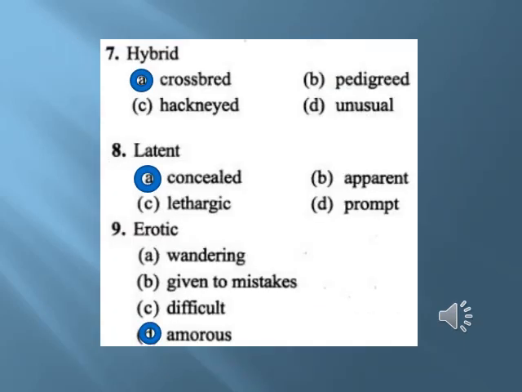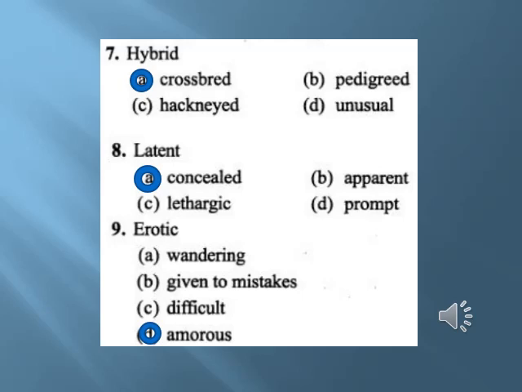Hybrid. Here the answer is crossbred. A pedigree, that's a purebred. Hackneyed, very plain. Phrase, unusual. So the right answer for hybrid is crossbred. Latent: concealed, apparent, lethargic, prompt.